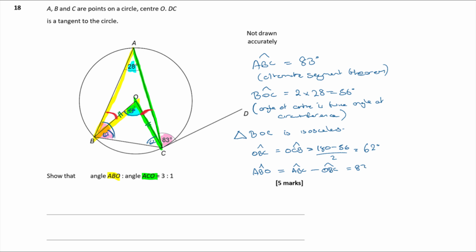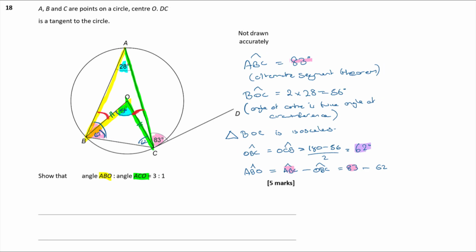ABC was 83 from up here, and then I take away OBC, which was 62, which we found over here. So ABO is going to be 83 minus 62. That leaves me with 21 degrees. So I know that ABO is 21 degrees.